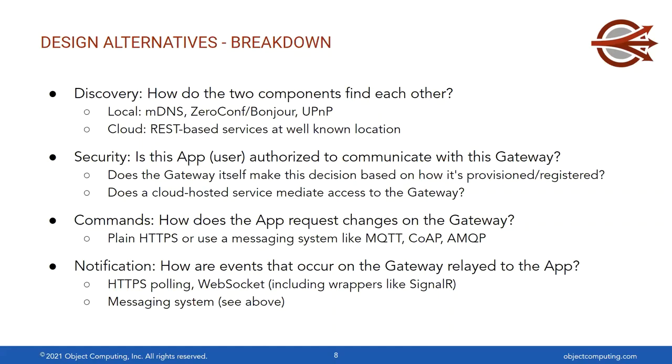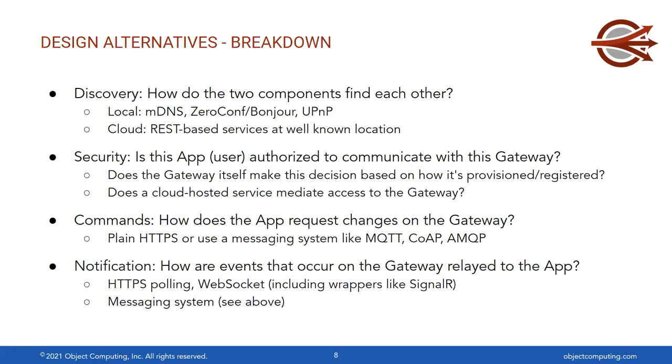But in a cloud-based scenario, or when the mobile app is outside the home, a lot of these solutions that would depend on IP multicast are no longer feasible, and we can think of doing things like REST-based services that are accessed at a well-known location. So we're thinking about these kinds of things for discovery. We need to bootstrap the system and get the two devices to know where each other is.